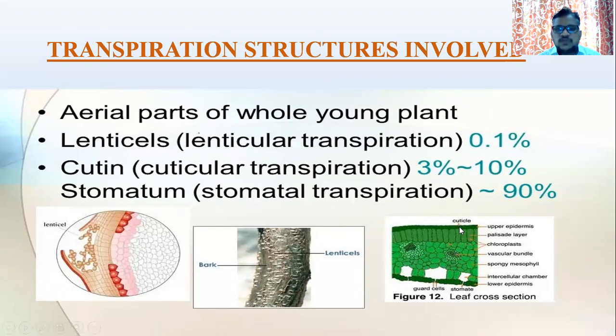The outermost layer is the cuticle, then the upper epidermis, then chloroplasts, and vascular bundle sheath cells, and here we can see the stomata. On the next slide we will discuss the structure of stomata in detail. For the aerial parts of the whole young plant, lenticular transpiration and cuticular transpiration account for 3% to 10%, and stomata around 90%. These numbers may differ from the last slide, so remember both.